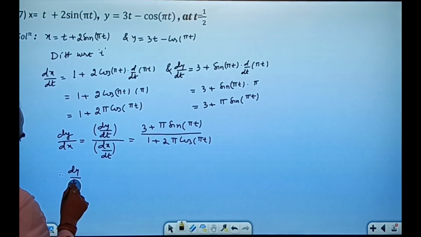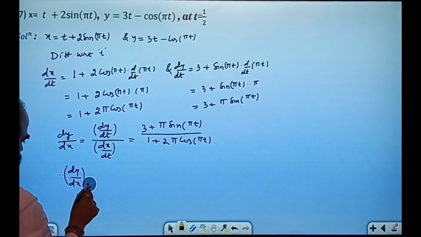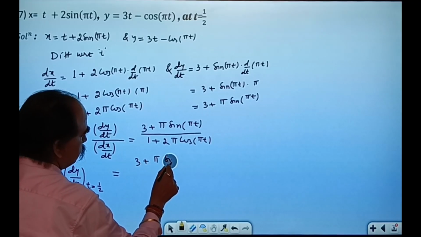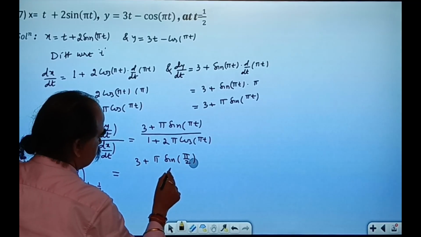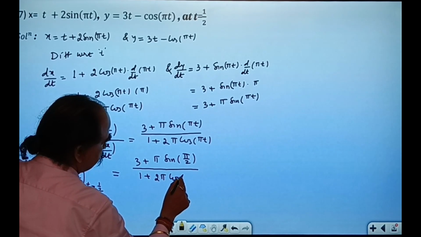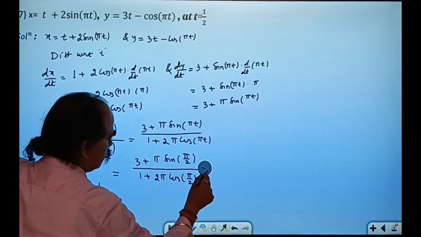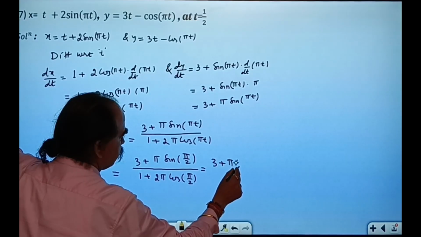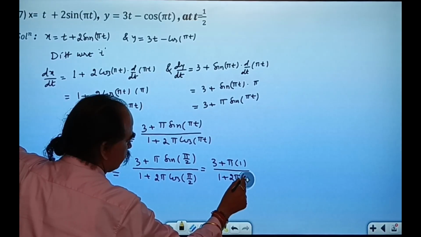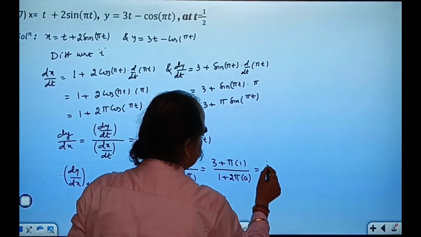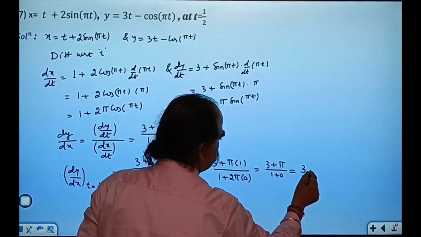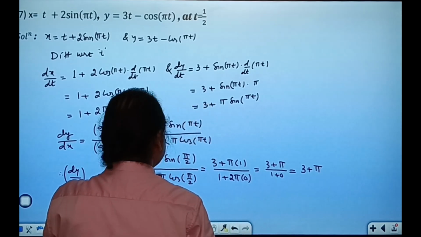So dy by dx when t is 1 by 2: 3 plus pi sin pi by 2 upon 1 plus 2 pi cos pi by 2. 3 plus pi into 1 upon 1 plus 2 pi into 0. So 3 plus pi upon, 3 plus pi is this.